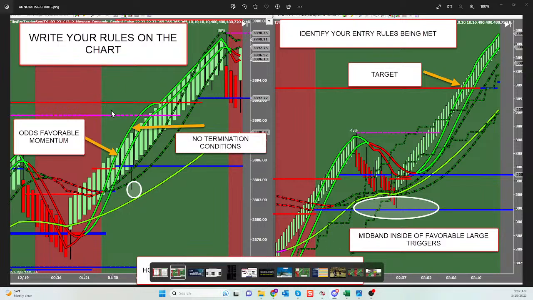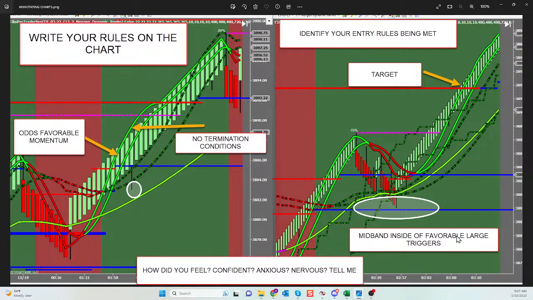And it's not because I can't look at your charts and understand probably exactly what you were thinking, but what this does is this begins to solidify your ability to recognize strong trigger lines and solidify that you're equating it with odds favorable momentum, right? This is making sure that you understand your termination conditions. This is making sure that you know where the proper entry comes from.